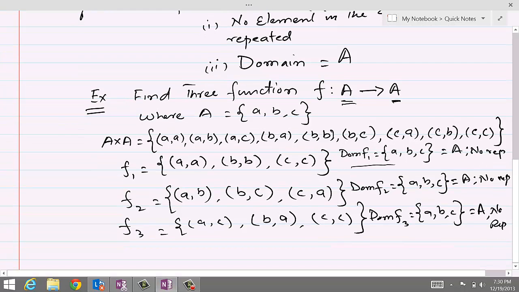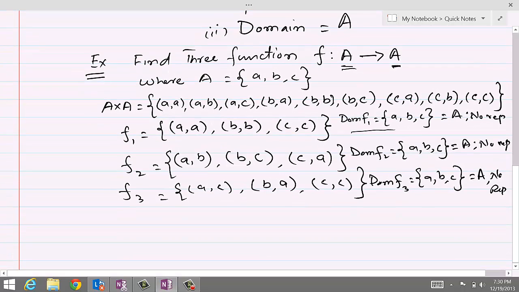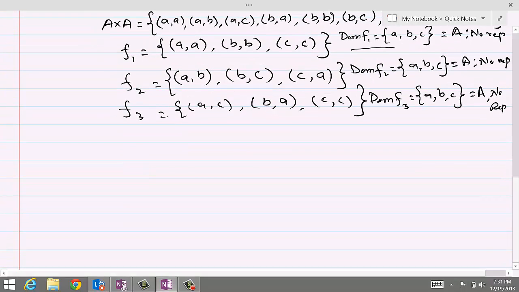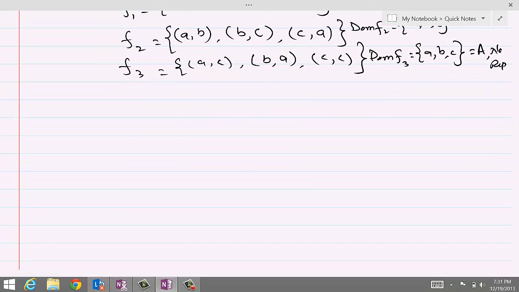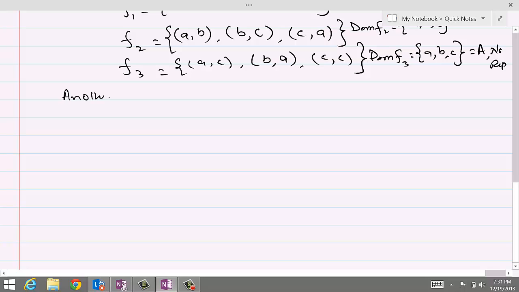If we try to define functions in another way, let's write down another definition of function, which apparently seems a little different, but actually is exactly what it entails.